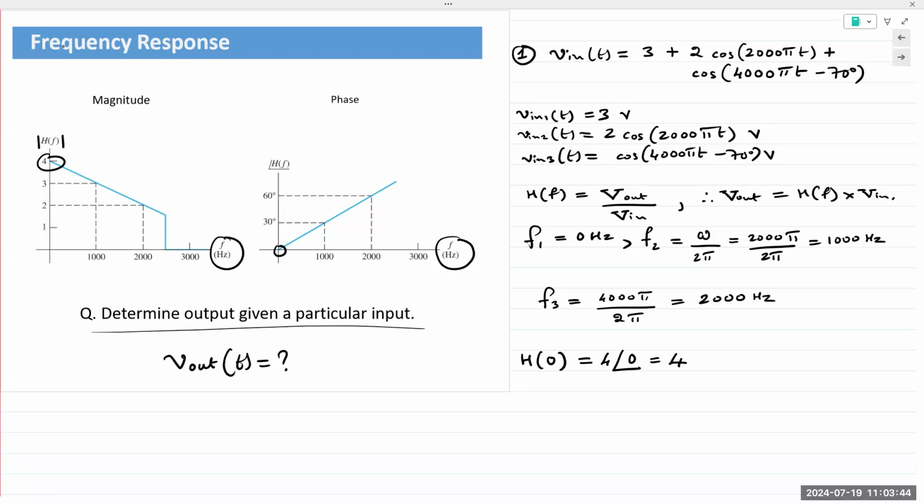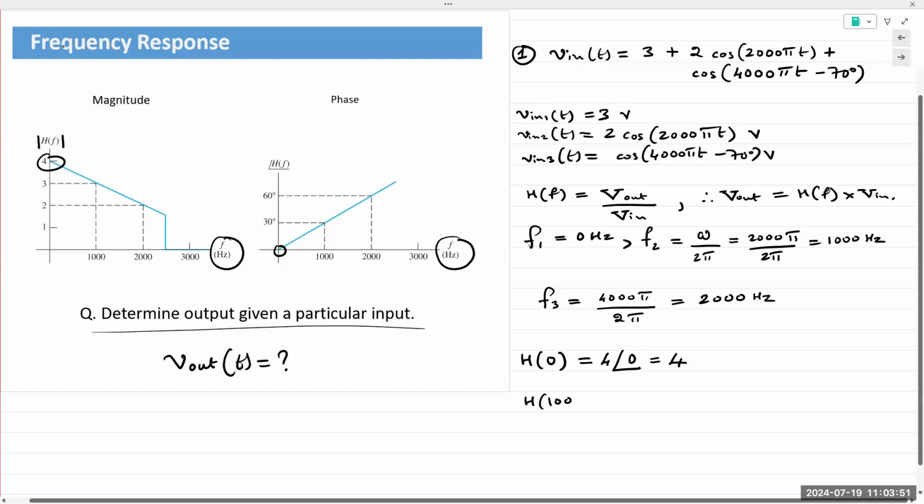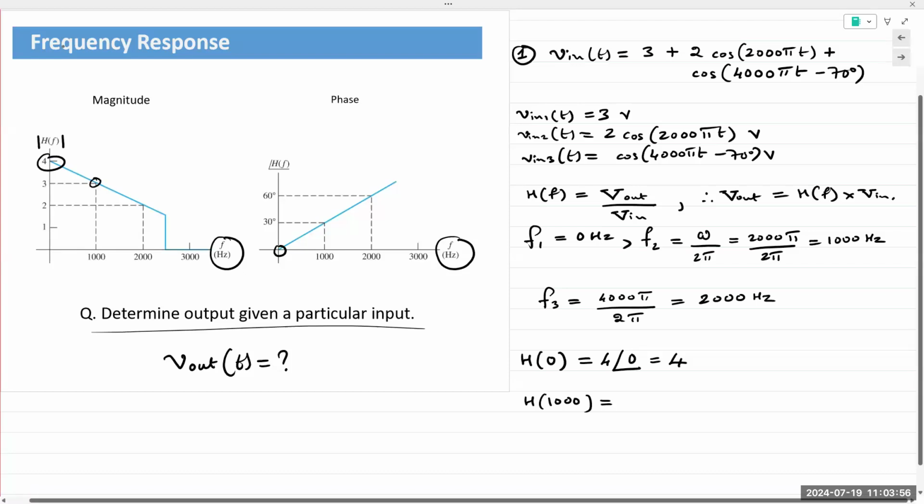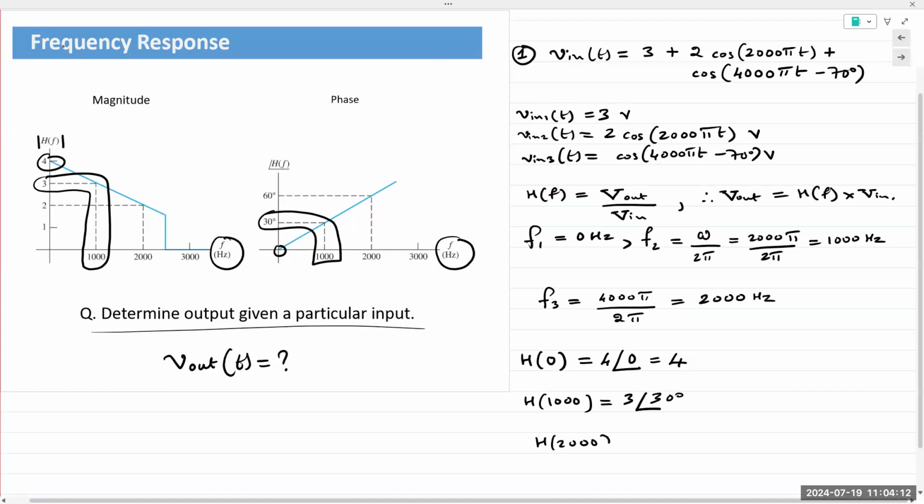We simply read the chart at the frequency that we want. H of 1000 is right here: 3 with an angle of 30. And H of 2000: 2 with an angle of 60.